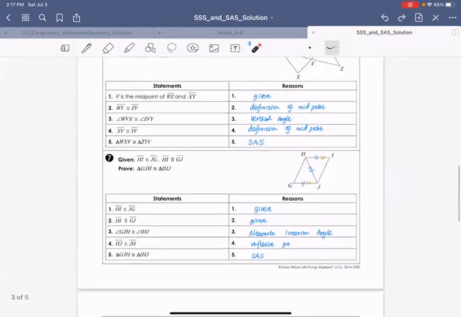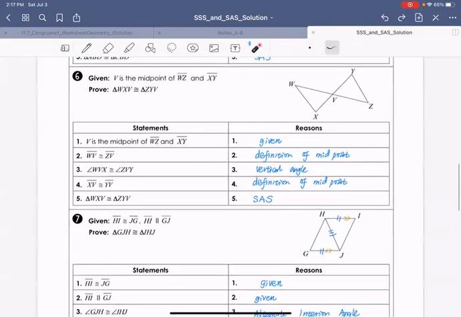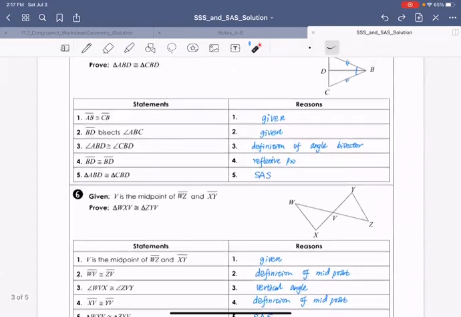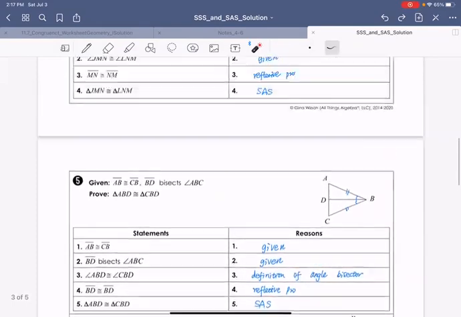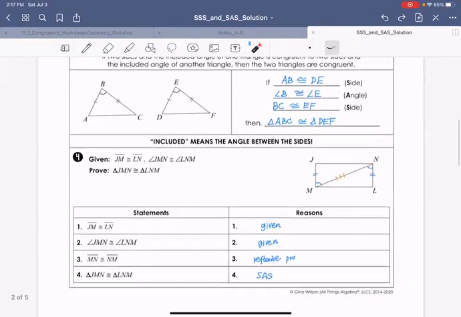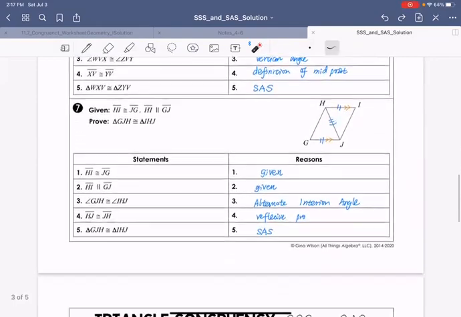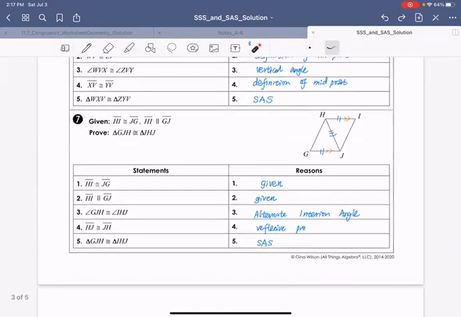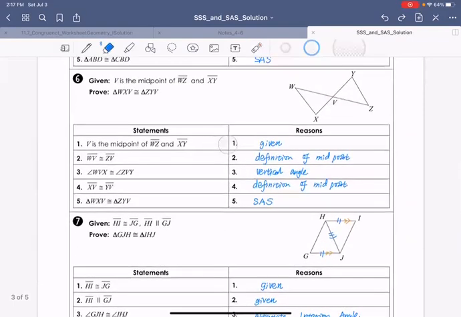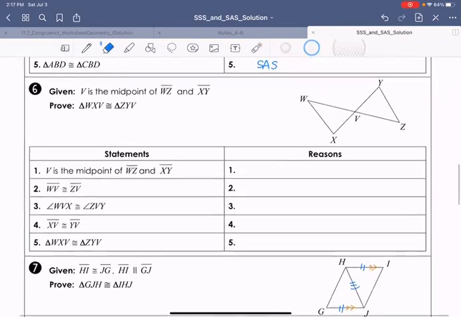Now let's continue with more proofs. Abby, let's try number 6. Reason number 1 is given.